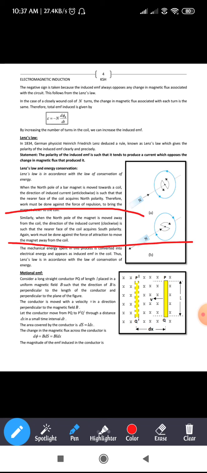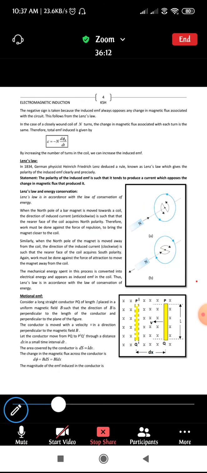They are going to ask about the statement of Lenz's law, and in accordance with what type of conservation it is. So this is regarding Lenz's law. Just go through it, and in case of any doubts you can let me know.